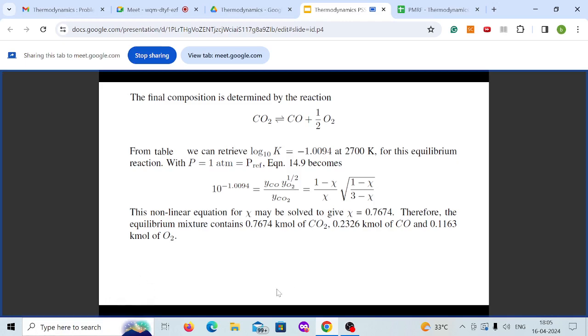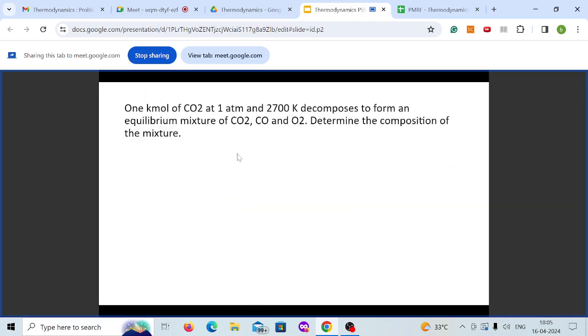So that's what you will get. With those we can estimate the chemical equilibrium composition, and these K values you can get from any book, given for a given mixture. So we'll see how to solve this.